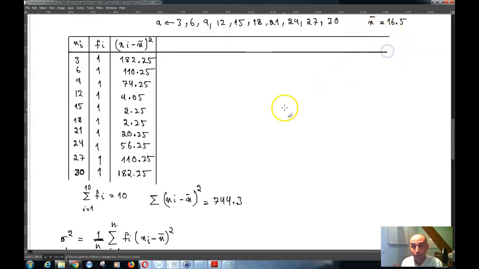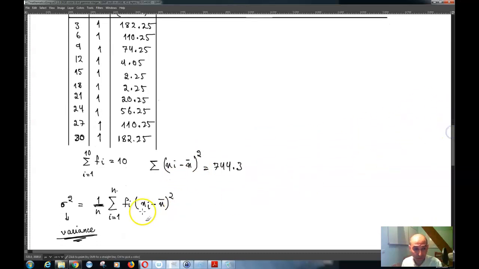Now I have my sigma f of i times x of i minus x bar whole squared, and sigma f of i is equal to 10. So I can write this as 744.3 divided by 10, which is the same thing as 74.43.